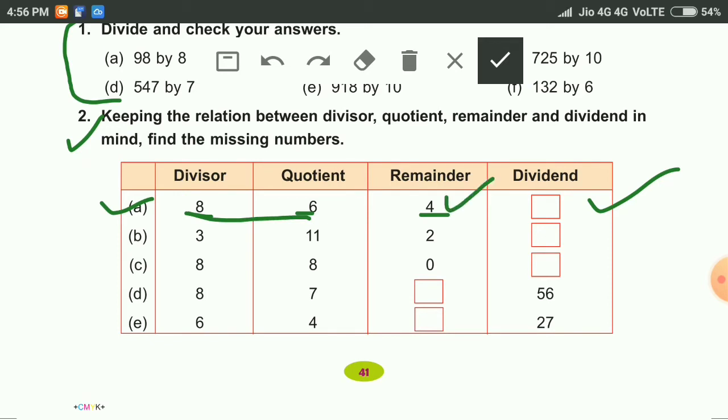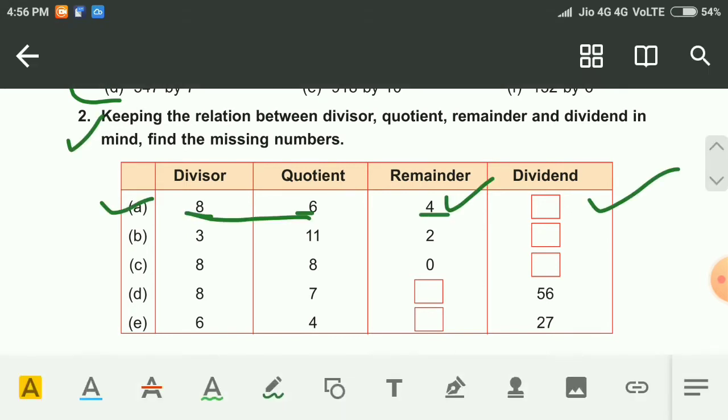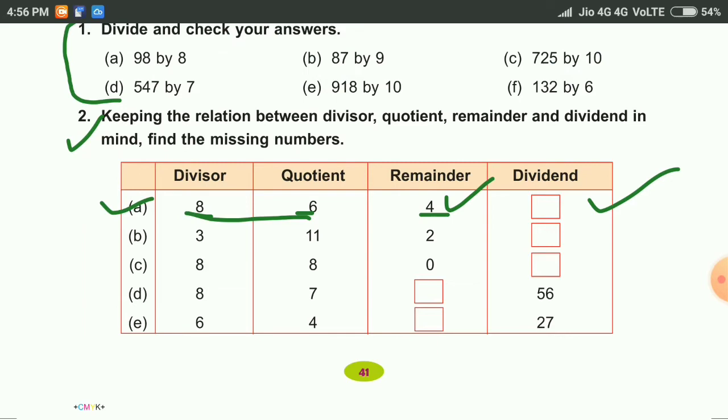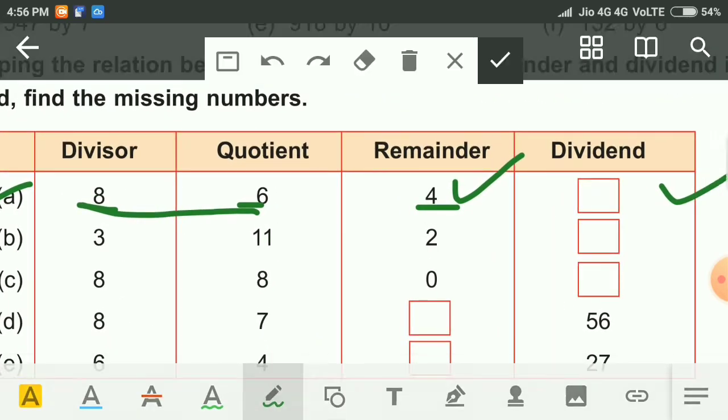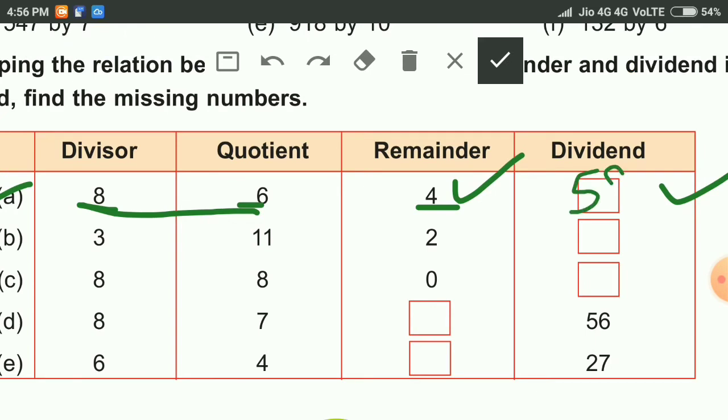We can get 52. We can write here 52. If we divide 52 by 8, we can find 6 as quotient and 4 as remainder.